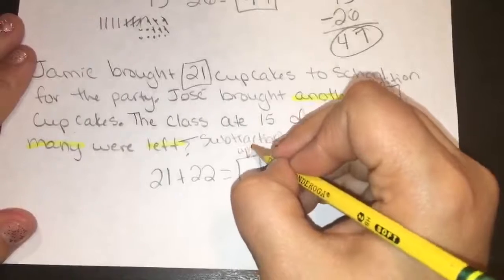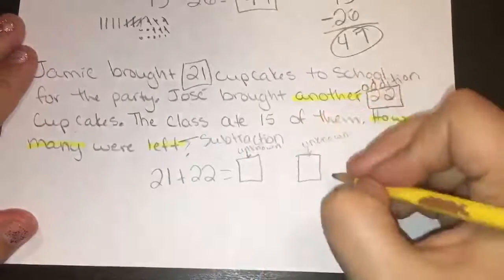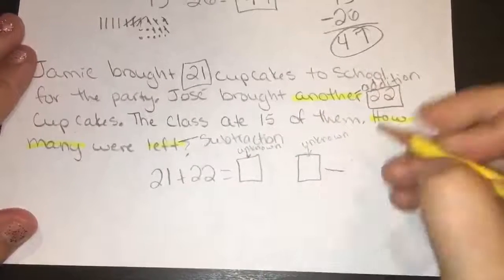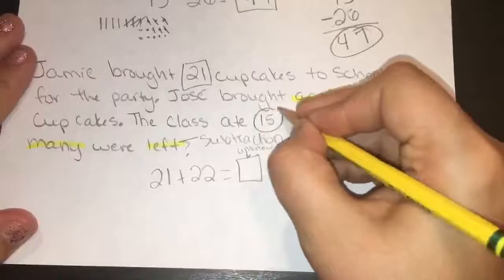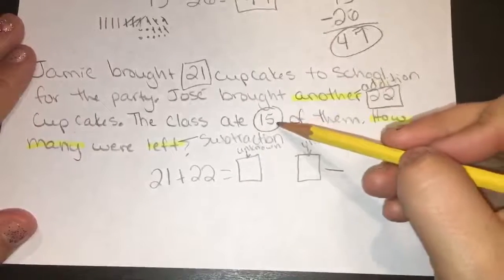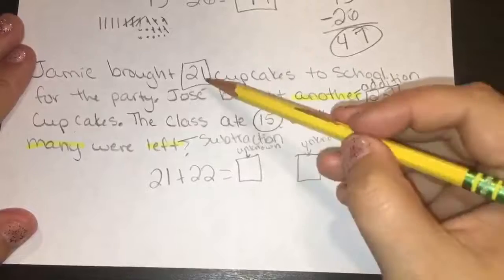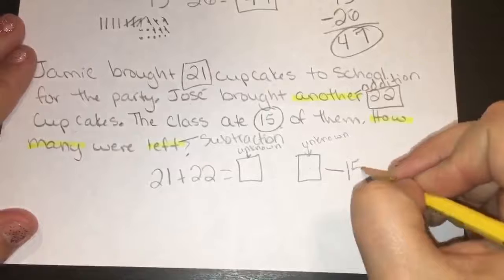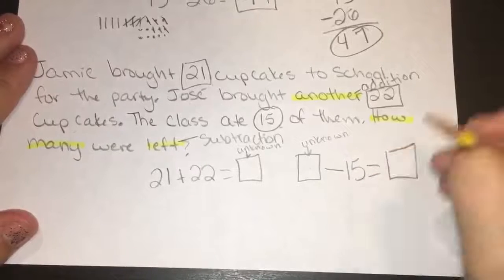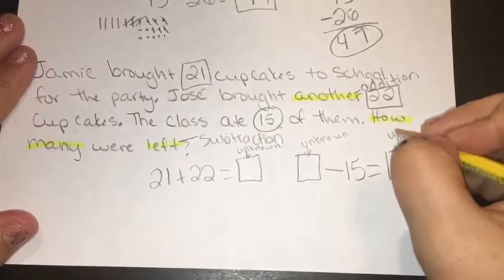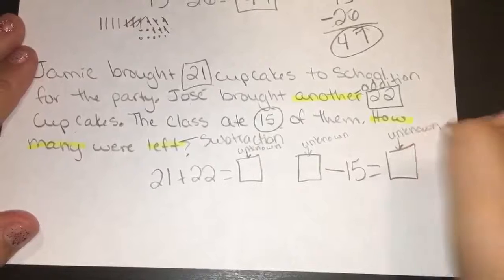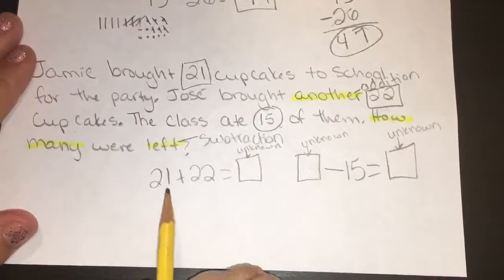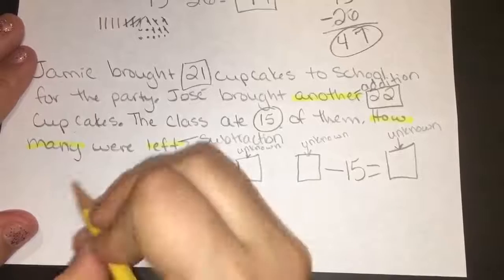So unknown minus 15. So I'm going to circle that because in this case we're subtracting this number. It doesn't go with these two in addition. And then we have another unknown.